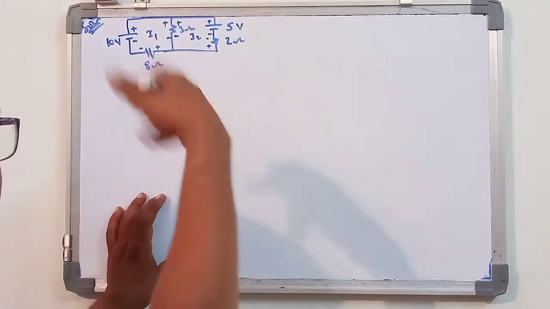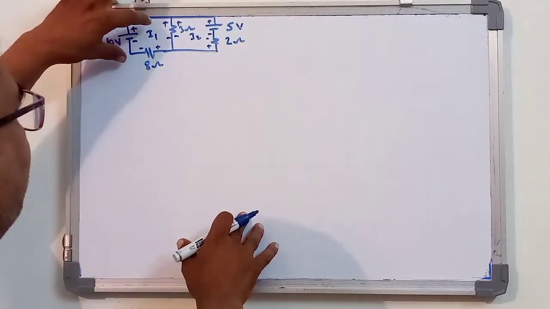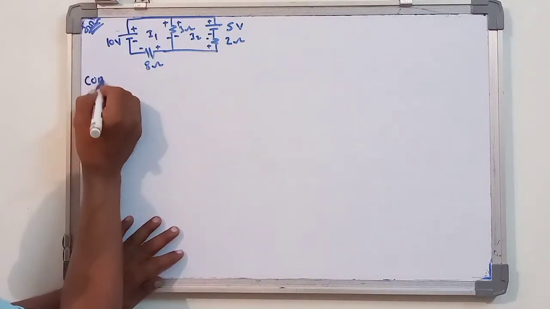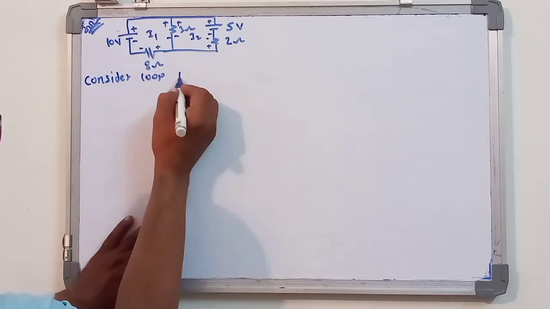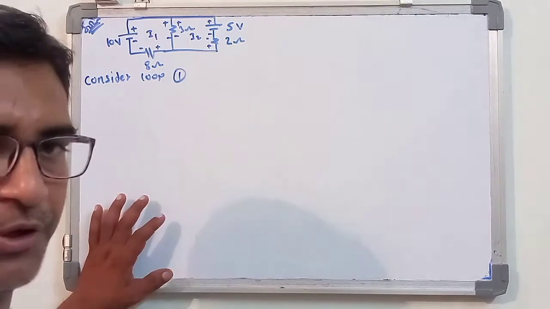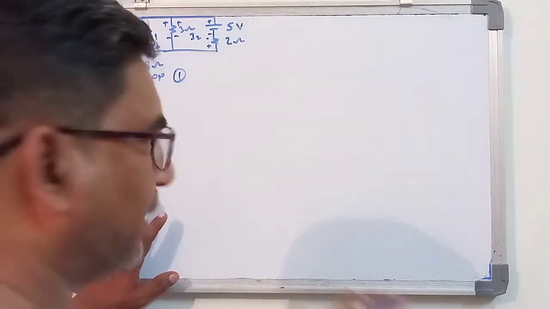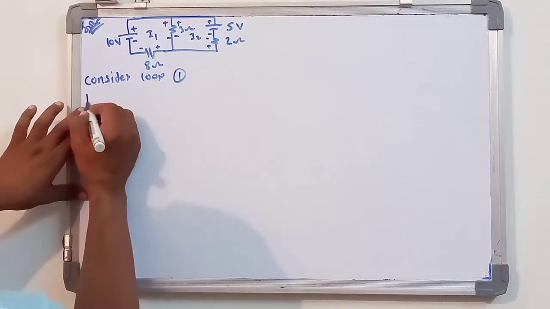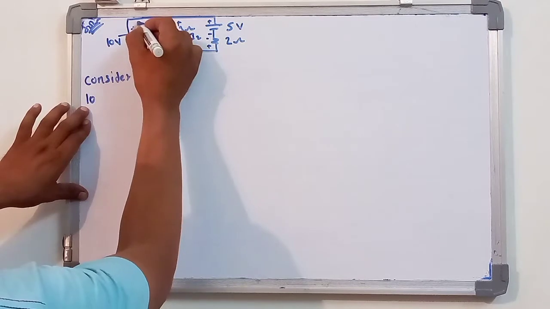Okay, in this way you have to do the first marking, and then consider loop number 1. You have to find out the loop 1 equation. You will get one equation. So very first the 10 volt, the plus, we are going like this, marking the position.